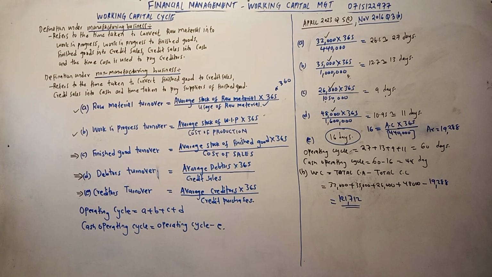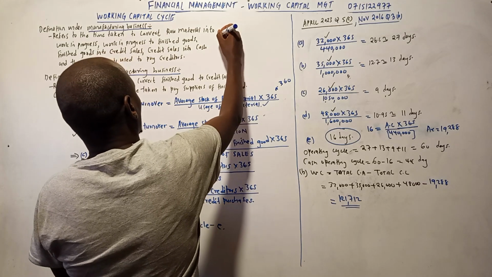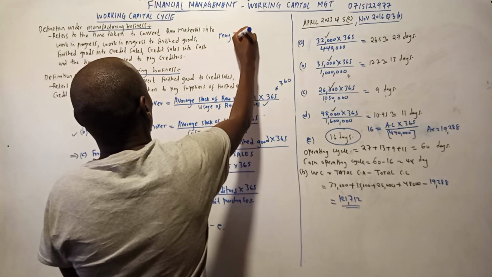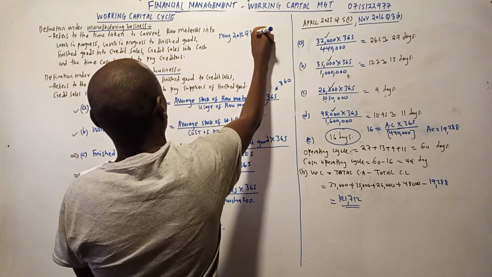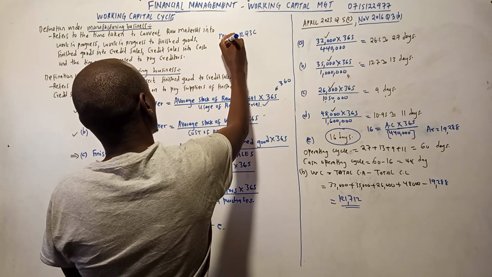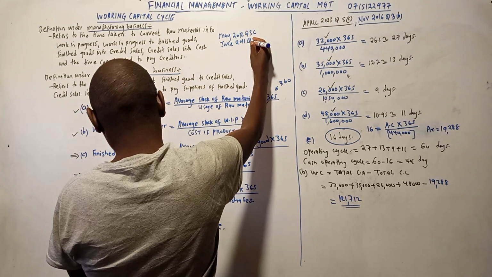Let me write them down. So this is a kitambo. You can check from your revision kit May 2012, question number 3C. June 2011, question number 1.